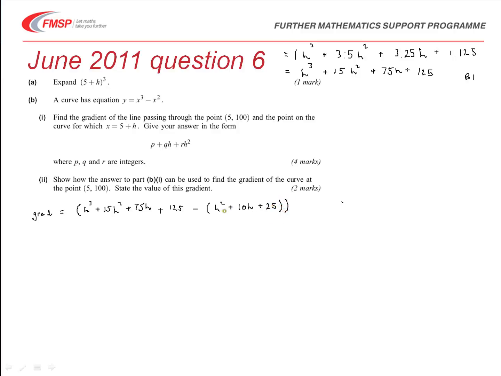That is the y value at 5 plus h, and from that we subtract the y value at 5, which is 100. That has to be divided by the difference in the x values. x is going from 5 to 5 plus h, so that is just the difference of h.